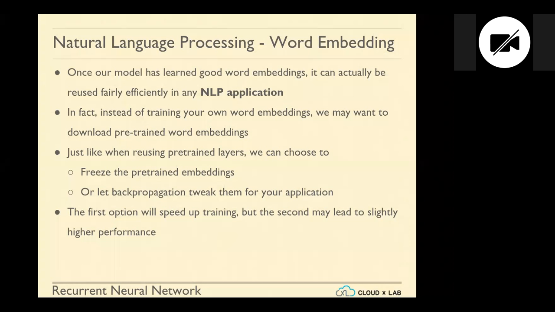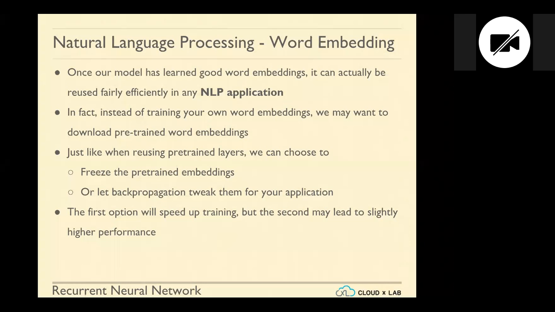All right. So in fact, instead of training our own word embedding, we may want to download pre-trained word embedding. Just like when reusing pre-trained layers, we can choose to freeze the pre-trained embedding or let backpropagation tweak them for your application.